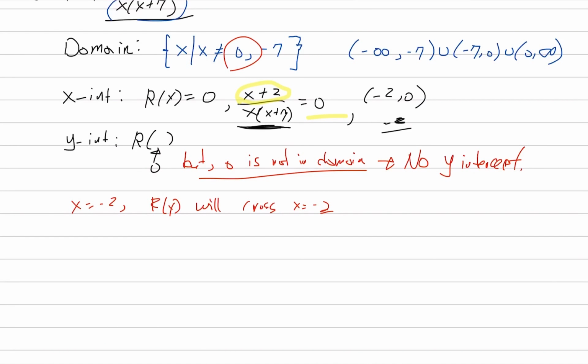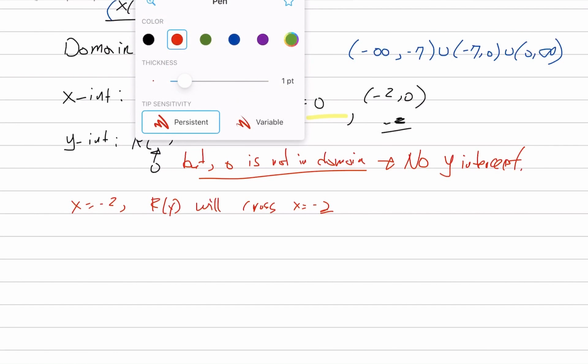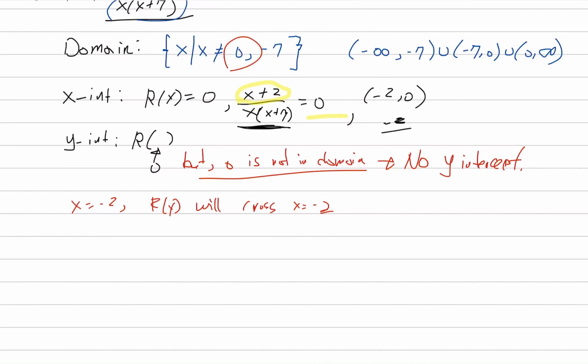Okay. Next part is asking us to determine the vertical asymptote.